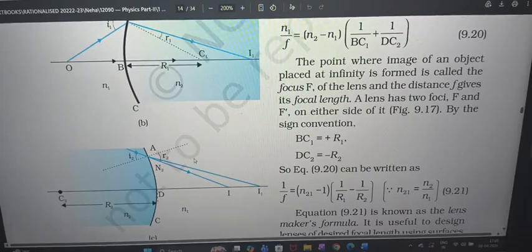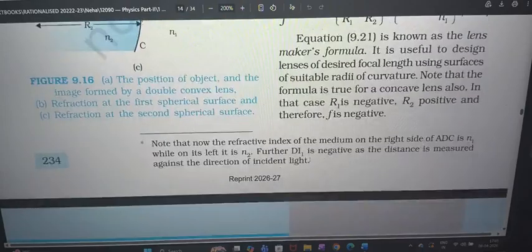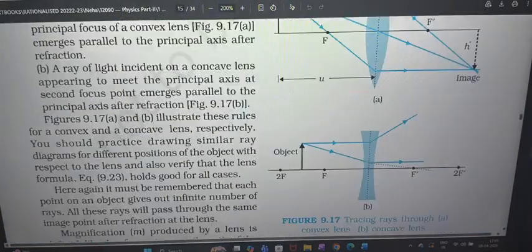So if you have to understand why R1 and R2 are interchanging like that, see, for concave lens, this is how concave lens is going to look. Focal length is going to be negative, because here two principal focuses are there, but let's see which we are considering. So if it is going parallel, it should pass through focus. Here you cannot directly draw through this focus.